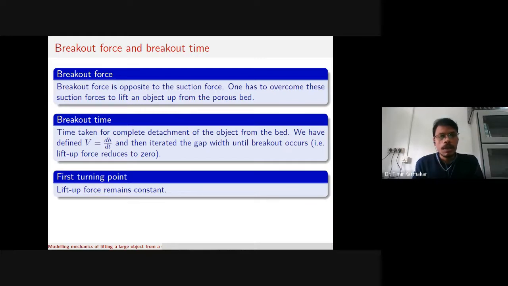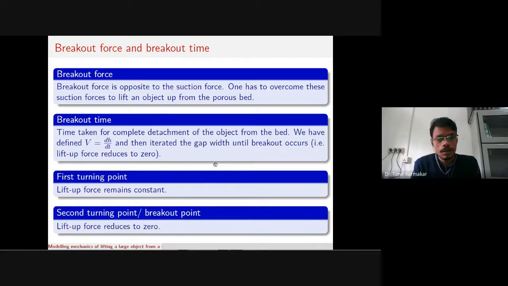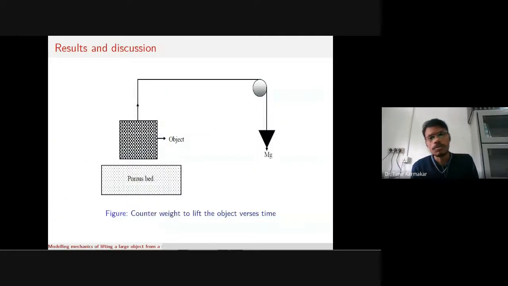Then when we increase the gap width more, water from the sea will come into account, and then we can lift the object up. That is called the second turning point or the breakout point. Suddenly it will detach itself, and accordingly our breakout force or the suction force will be reduced to 0. This is generally what happens.